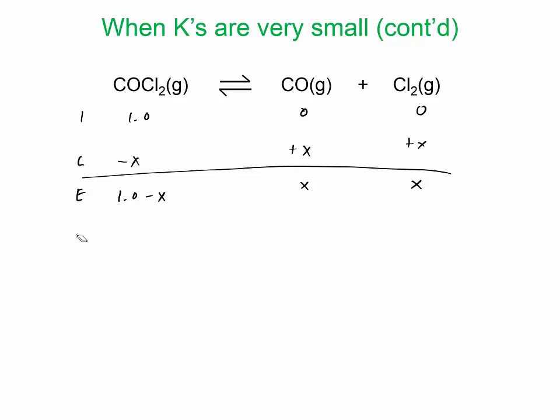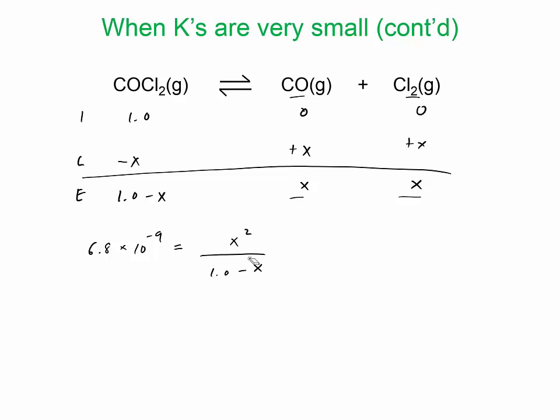Now we set up our problem. So we have 6.8 times 10 to the negative ninth equals the partial pressures of this times this at equilibrium. So it's going to be x squared over 1.0 minus x.